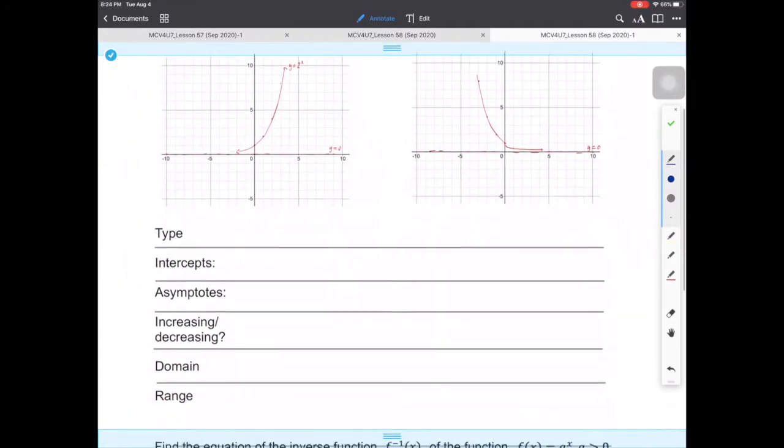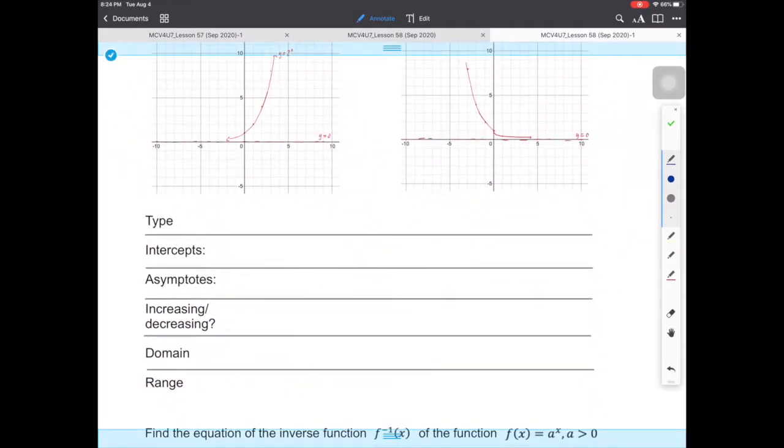More importantly, we're going to fill out this table. The type of function that we see on the left is called exponential growth, and on the right, we have exponential decay.